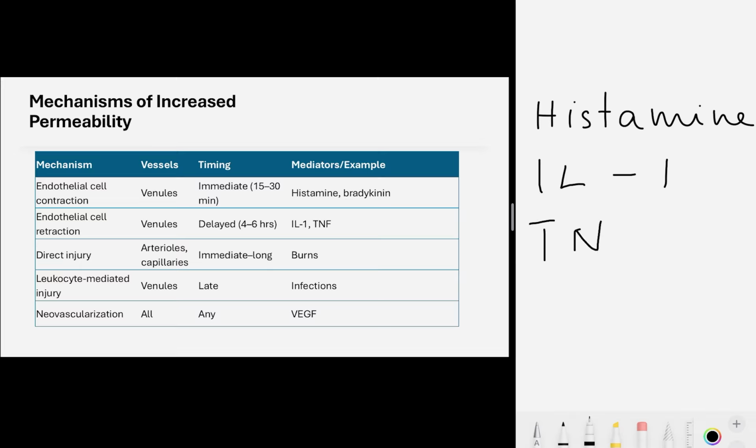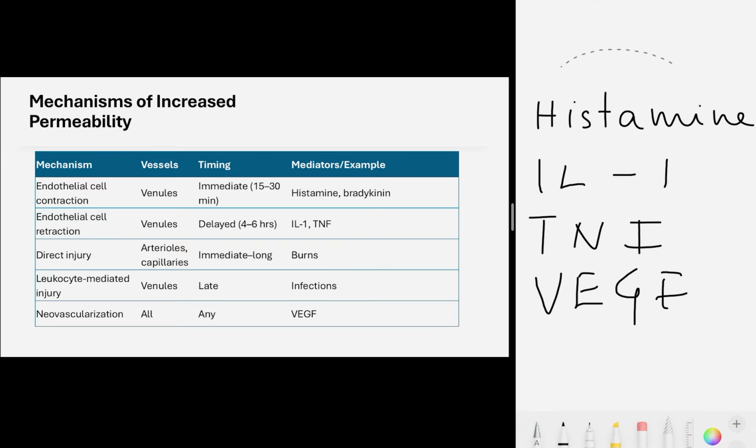Direct injury, such as burns or trauma, damages blood vessels instantly and leads to prolonged leakage. Leukocyte-mediated endothelial injury arises during severe inflammation and infection. Finally, new blood vessels formed in healing are inherently leaky due to immature junctions. These processes collectively allow exudation, the hallmark of acute inflammation.